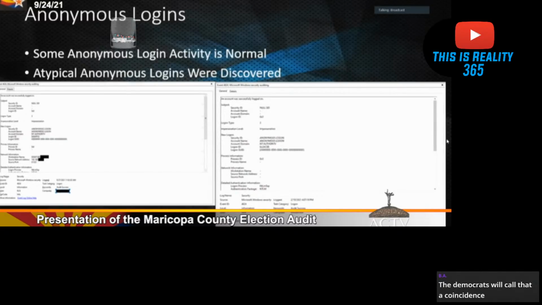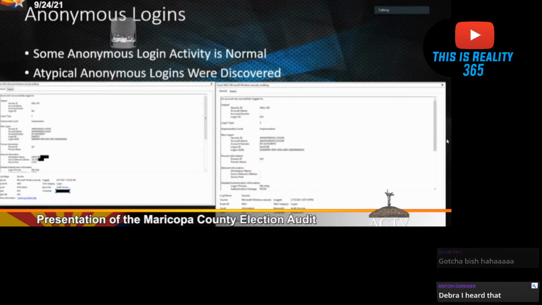What you see on the left is something that we discovered in the logs, which is what I call atypical anonymous login. Okay? You will notice that none of those items that are captured by normal activity are present in this log. You don't have an IP address of the originating device.